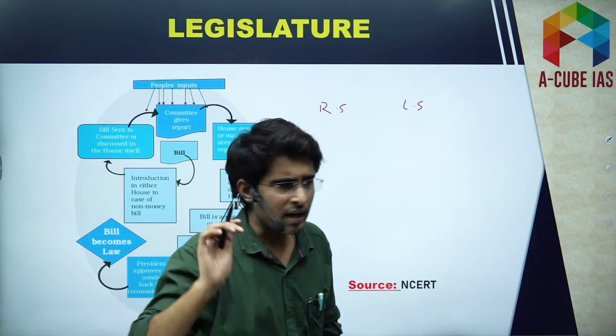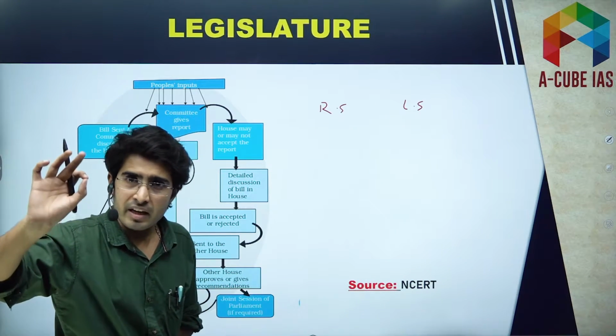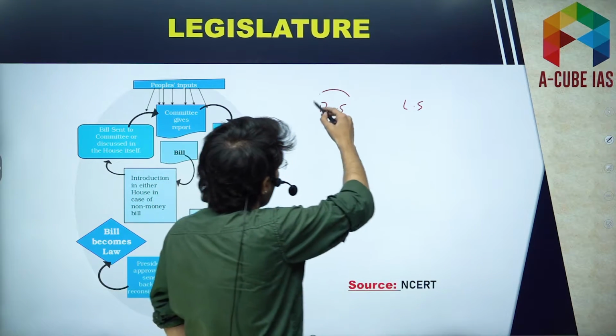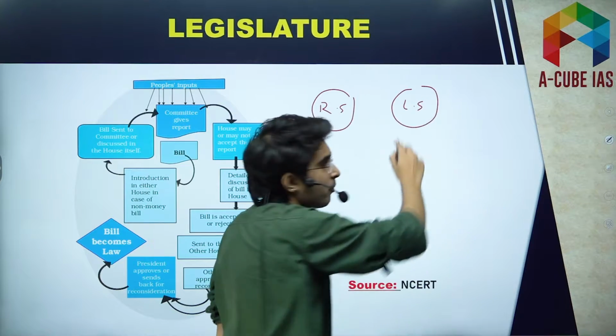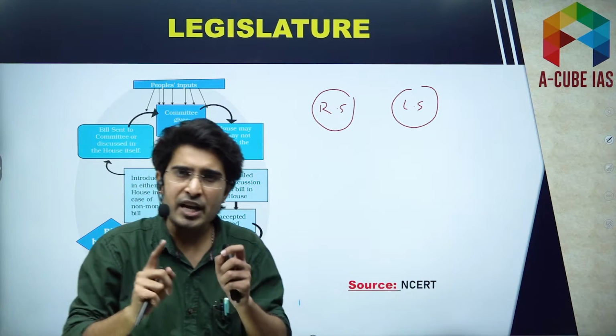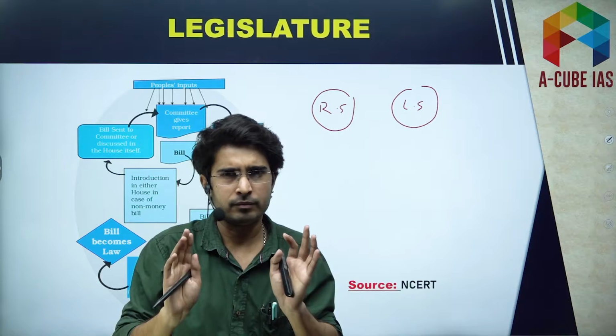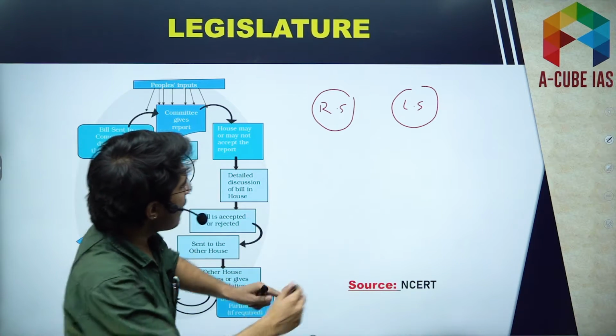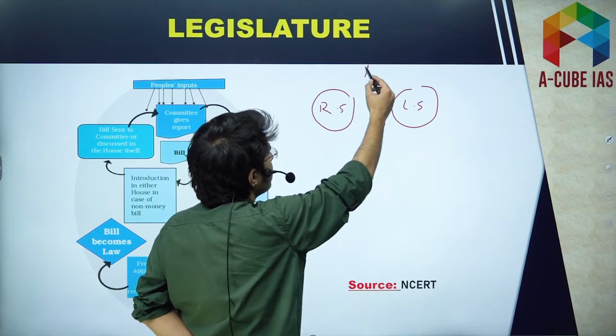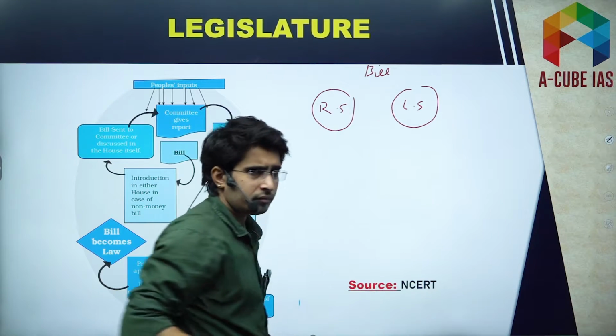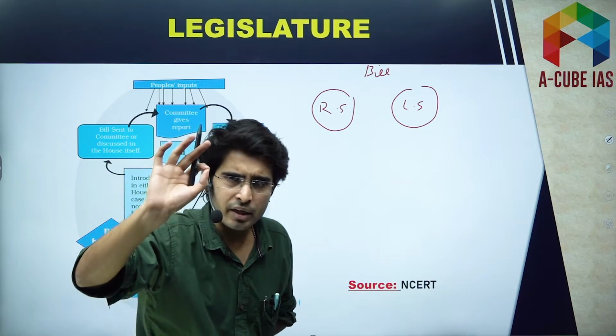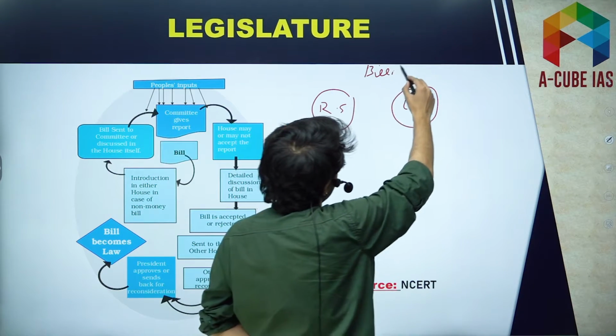Now this bill can be introduced either in Rajya Sabha or Lok Sabha. But remember, this bill has to be a non-money bill. Suppose we have a non-money bill. Now suppose it has been introduced in Lok Sabha.